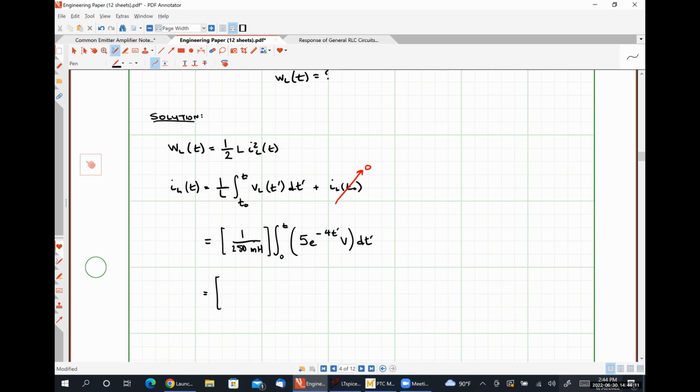So we're going to have 1 over 250 times 10 to the minus 3. A Henry is a volt second per ampere. Now I'm going to take 5 volts out of my integral expression.